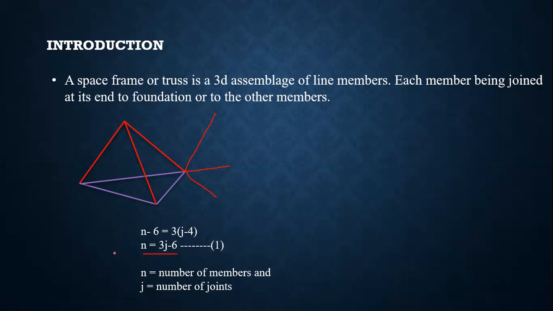This equation gives the minimum number of members required to build a stable truss. If n equal to 3j minus 6, this will give the number of members required to form a stable truss or frame. If it is less than, it means it is unstable, or if it is more than, then it means it is an indeterminate structure.